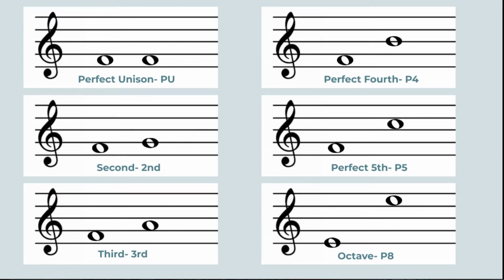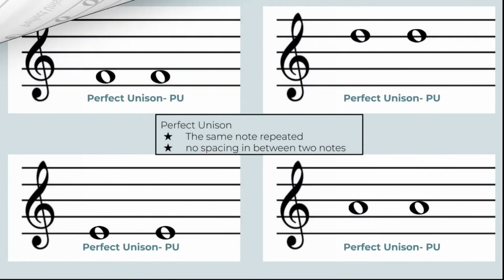But first I'm going to start with the perfect unison, which is the first interval shown on the diagram. All the intervals that I'm going to explain have a corresponding visual representation, so take screenshots when you feel the need to.